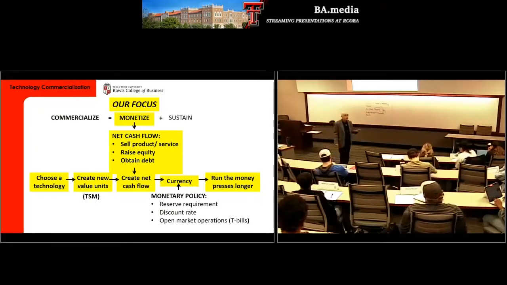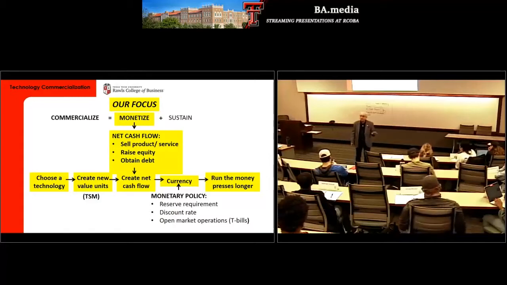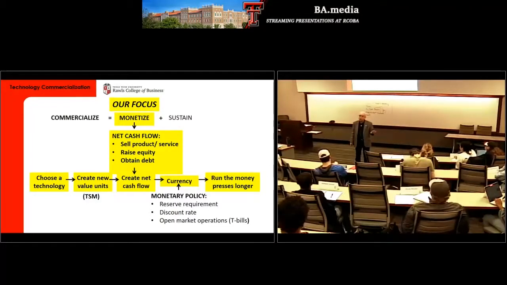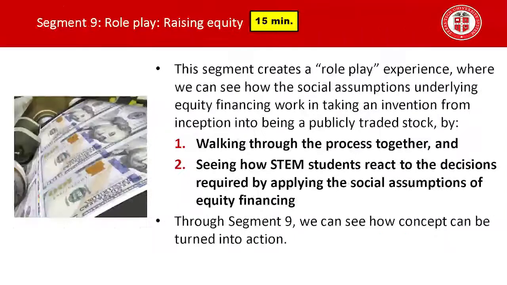How you raise debt is way simpler than how you raise equity. Finally, segment 9 is a role play on raising equity. We create this role-playing experience where we can see how the social assumptions underlying equity financing work in taking an invention from inception to being a publicly traded stock.